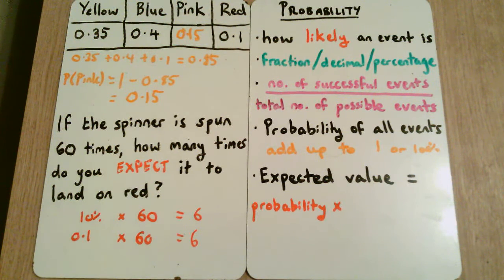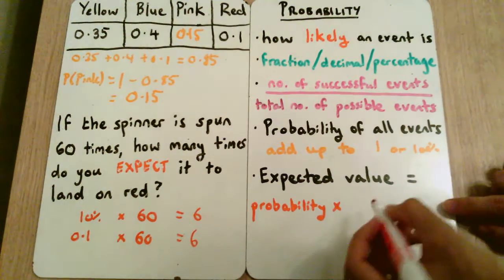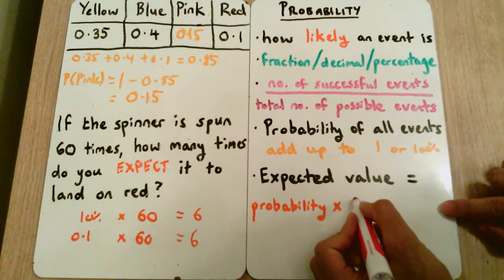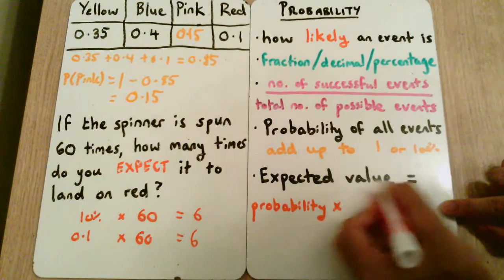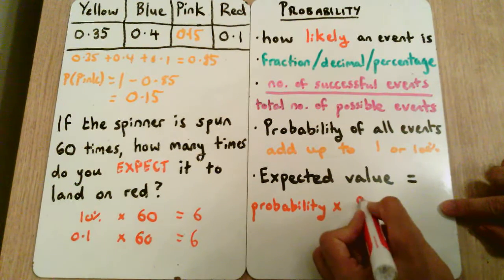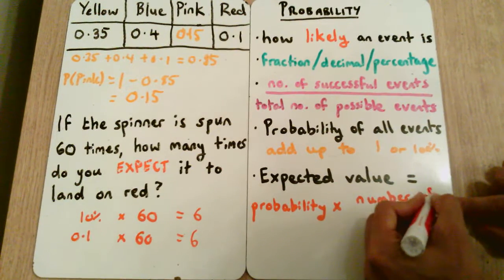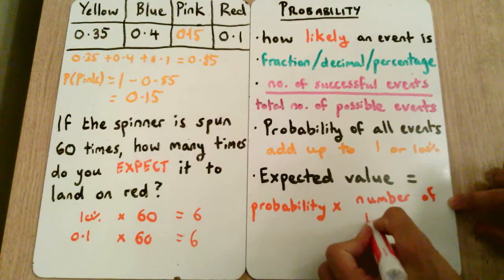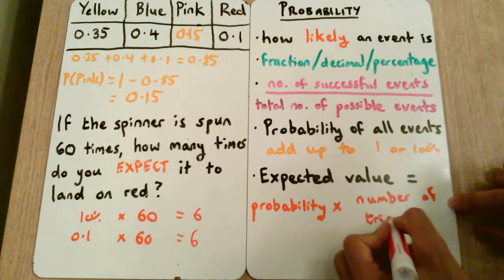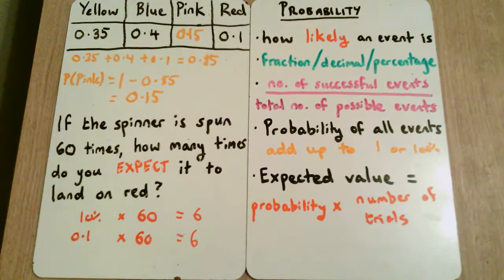So when we come over here to our formula for expected value, we can write this as: expected value is equal to probability times number of trials, or number of times you do something. And if you multiply those two values together, you will get the expected value.